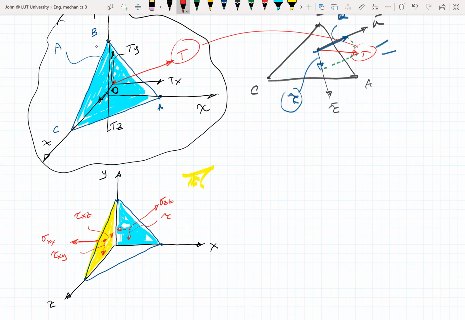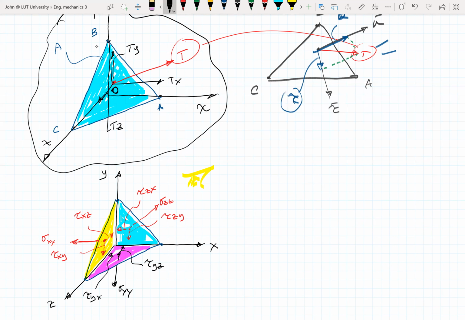This is going to be tau zy, and this is going to be tau zx. Also in this plane here, I will have normal stress sigma yy, and this shear stress and this shear stress here. This is going to be tau yz, and this is going to be tau yx.